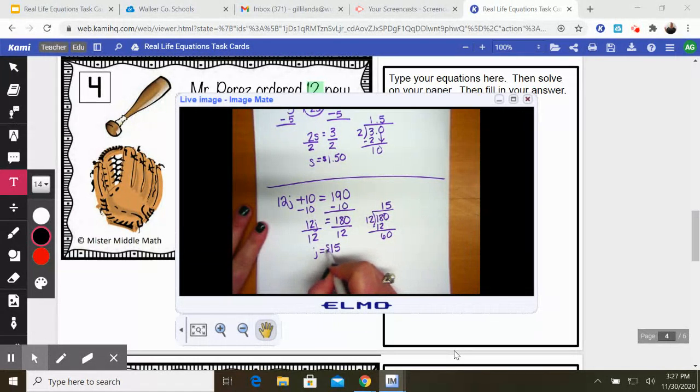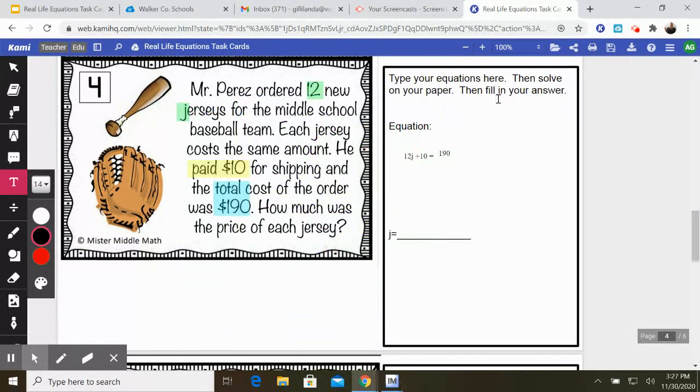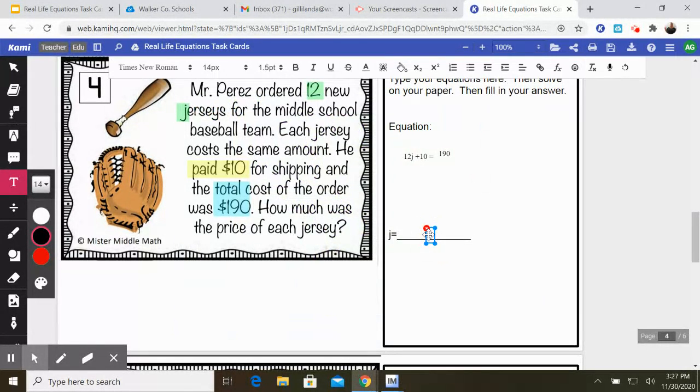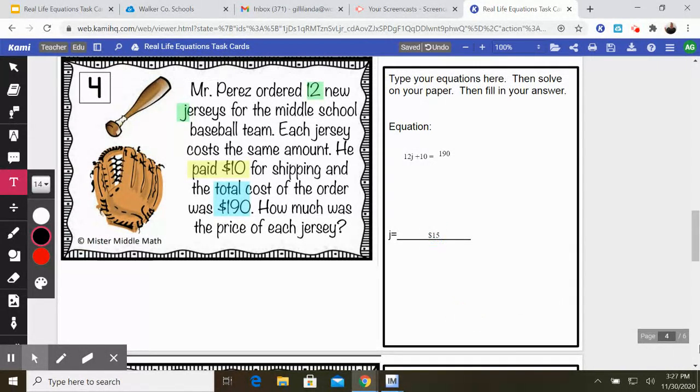So how much was the cost of each jersey? $15.